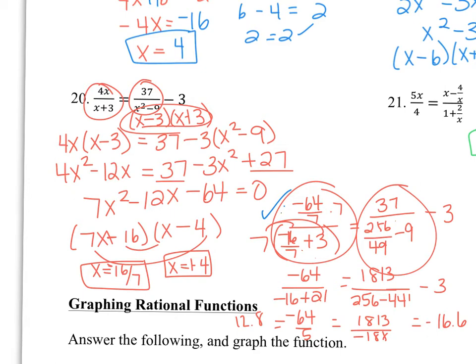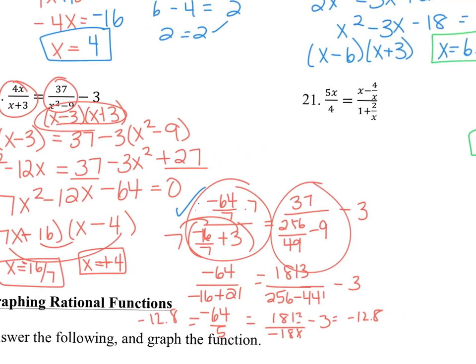So I messed up. So 1,813 divided by negative 185 is negative 9.8. And then if I subtract 3 from that, I get negative 12.8. And this is negative 12.8. So yes, they both work. 4 and negative 16 over 7.